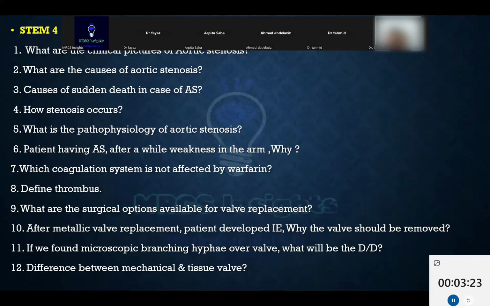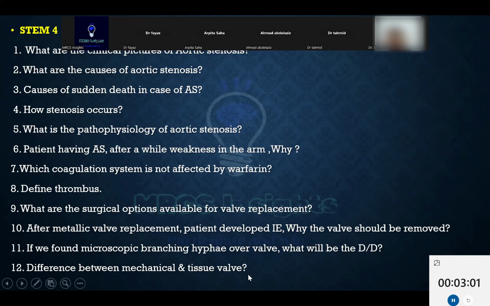For mechanical, warfarin is needed lifelong, and for tissue valve, warfarin is needed only for the first 3 months. In mechanical, there is increased bleeding risk and increased risk of thromboembolism. But in tissue valve, there is decreased bleeding risk and decreased occurrence of thromboembolism.